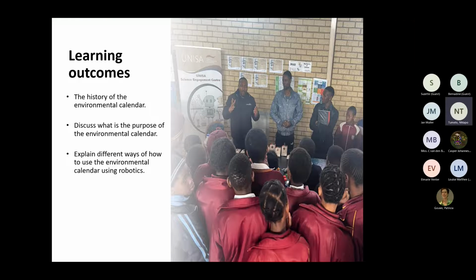The learning outcomes are very simple. Just talk about the history of the environmental calendar, discuss what is the purpose of the environmental calendar, as well as explain different ways of how to use the environmental calendar using robotics. So I'll be touching more about how I'm using the environmental calendar and how I'm including it in terms of raising awareness of environmental sciences.